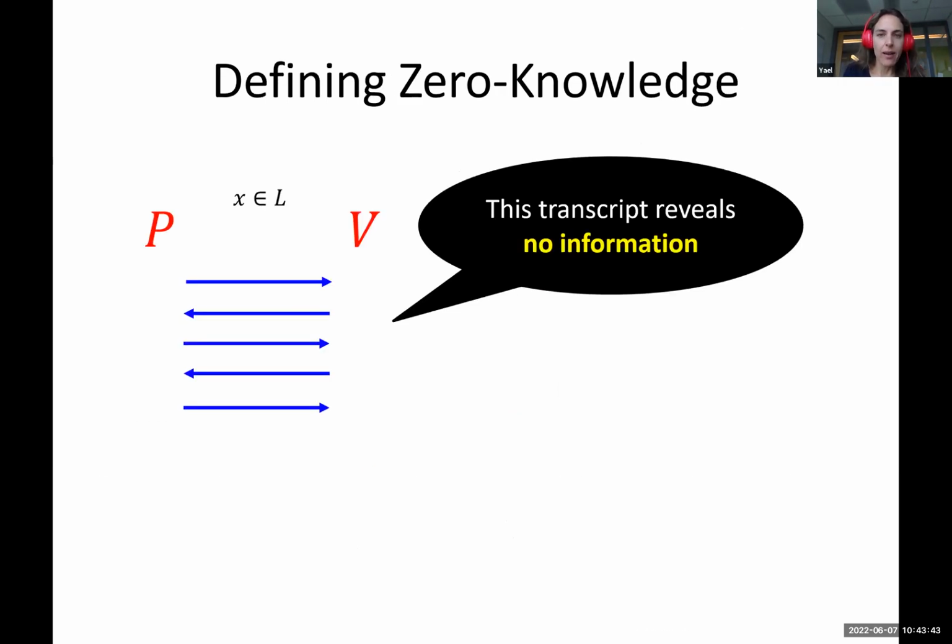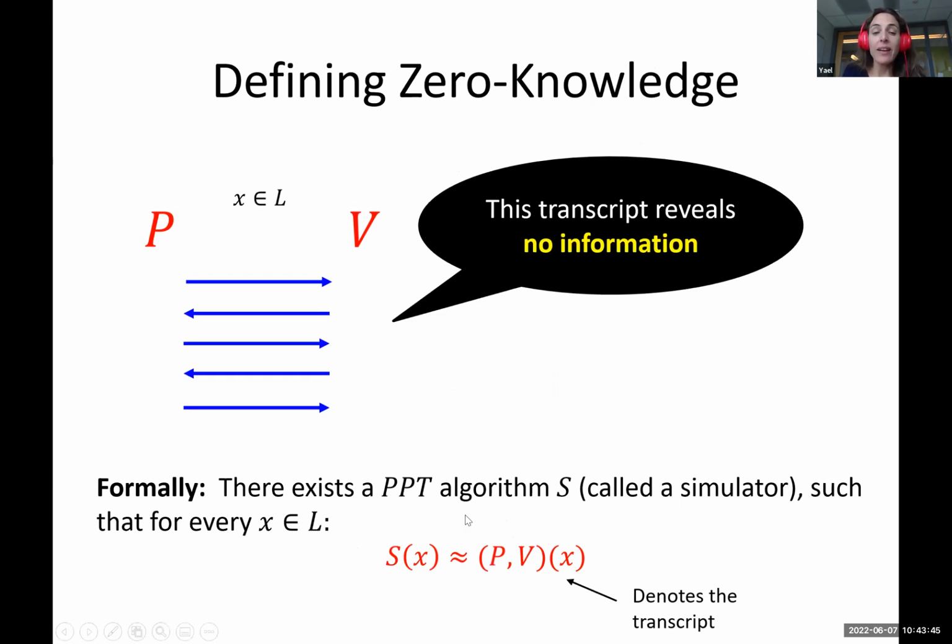I defined it up here that essentially the interaction between the prover and verifier can be simulated. The verifier knows essentially the distribution of what the prover is going to answer. But actually, this definition is what is called honest verifier zero knowledge. It's assuming the verifier is honest, he doesn't learn.